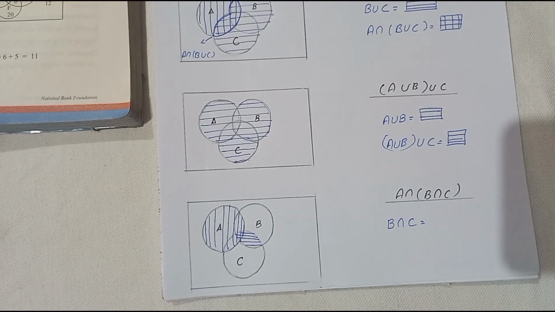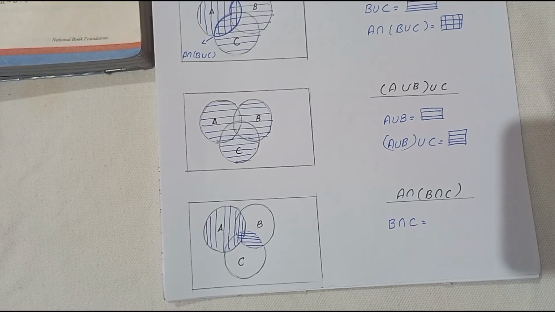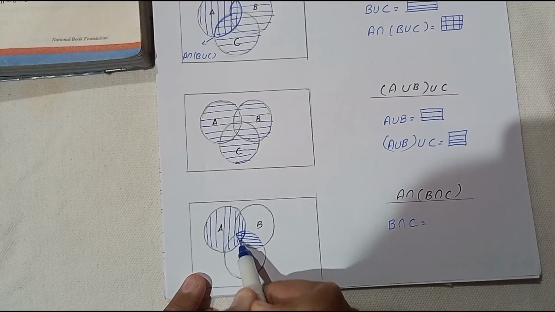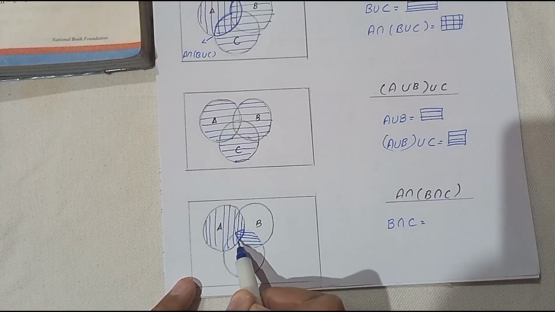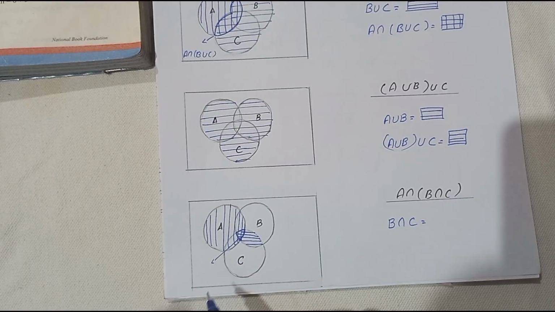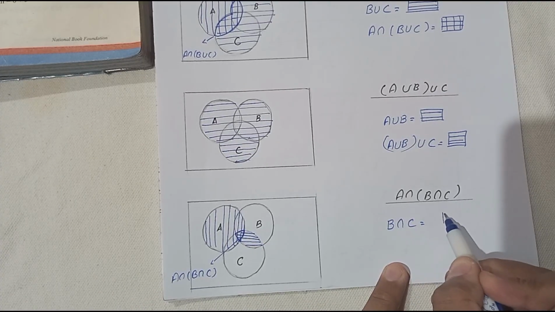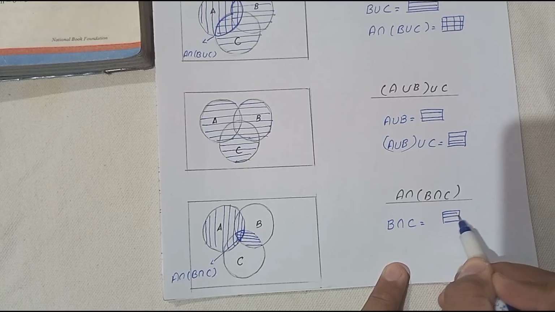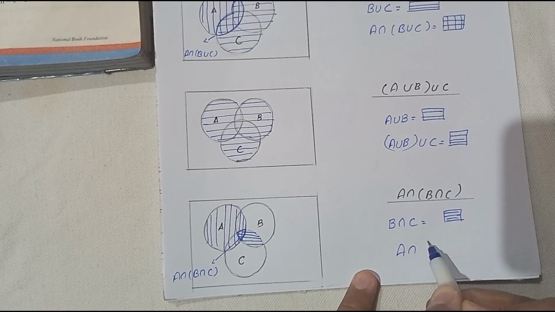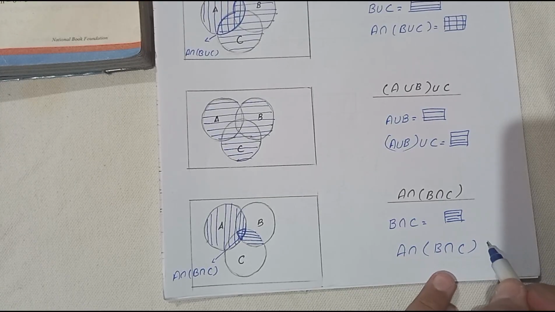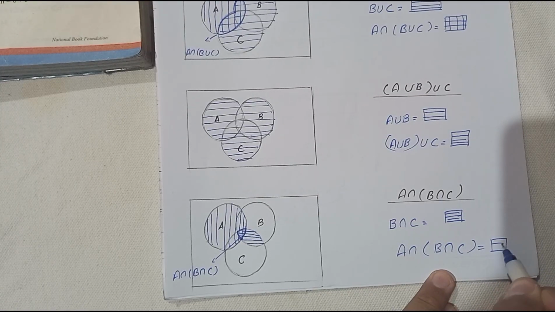So the common part between A and B intersection C is this area. So this represents A intersection B intersection C. The shaded area is the box area.